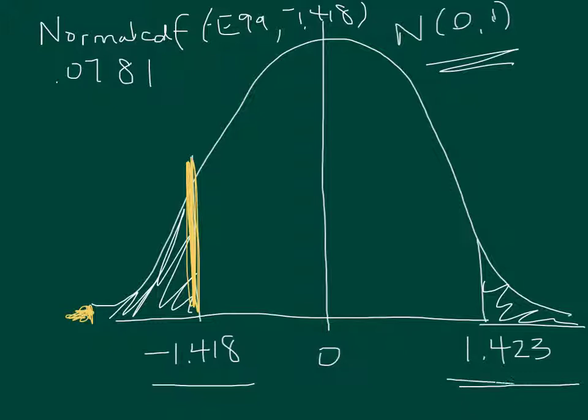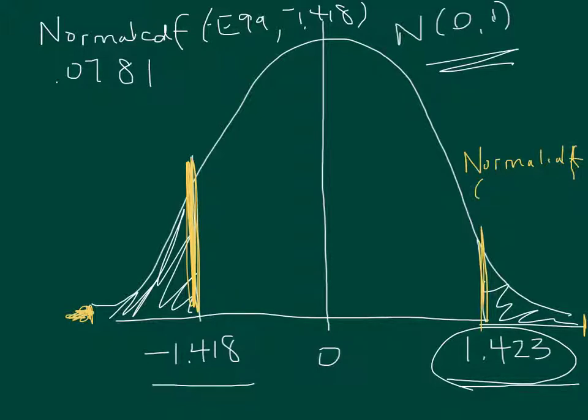And you'll do a similar thing over here, except here you have a left bound of 1.423 and a right bound of infinity. So over here we'll do our normal CDF. Let's see if I can fit this in. Well, that says normal CDF.